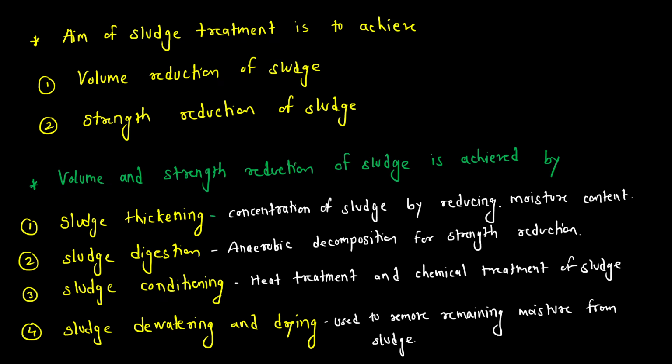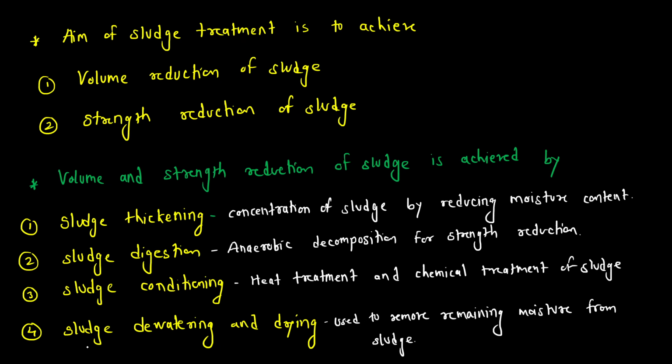Once the moisture content is reduced, we go for anaerobic decomposition, and then if required we go for heat treatment and chemical treatment, that is sludge conditioning. And finally, after the first three processes, we go to the last process, that is sludge dewatering and drying.